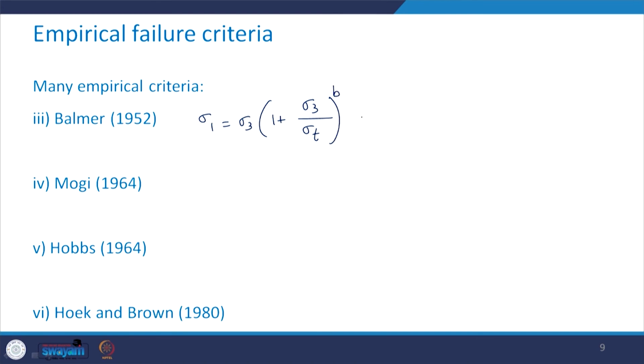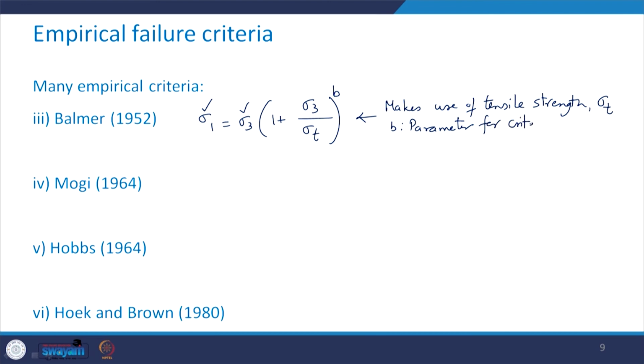So you see that this criteria makes use of the tensile strength, that is sigma t. Again sigma 1, sigma 3, they are major and minor principal stresses, and in this case b is the parameter for this criterion.